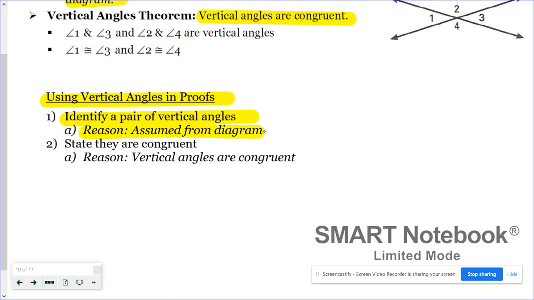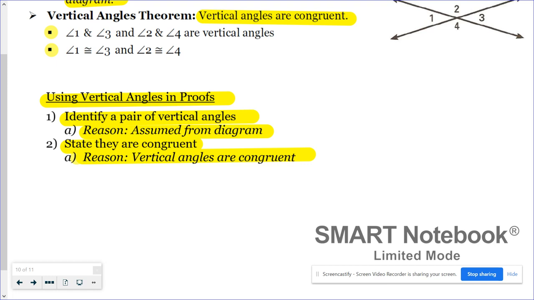Your reason will be assumed from the diagram. Then you can say they are congruent. Reason: vertical angles are congruent. Okay. So like that's kind of illustrated in these 2 points right here. First, I'm saying they are vertical angles. Then I'm saying they're congruent. So it's like a 2-step process whenever you want to use vertical angles in a proof.